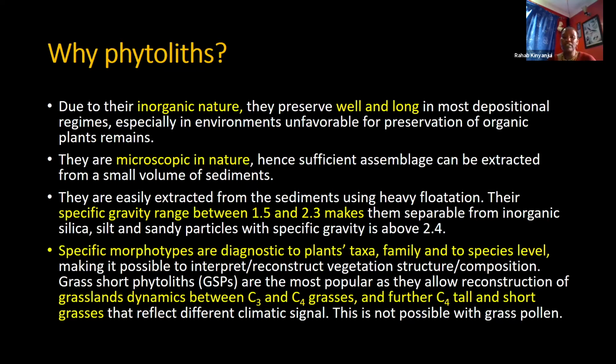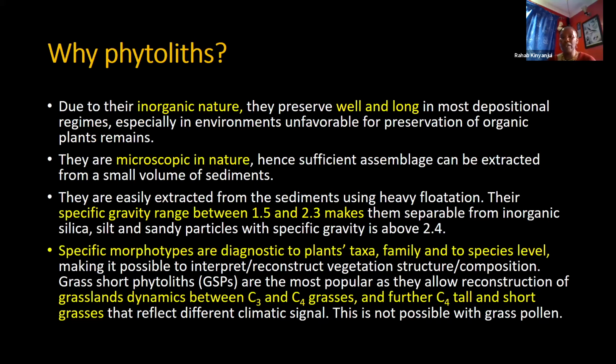So unless you understand whether you are dealing with tall grasses or short grasses in the arid regions, it's very difficult to tell what kind of environment you are talking about or how it has evolved over time. So phytoliths have given us the opportunity to tell apart the kind of grasslands we are talking about, and even further, to tell us about the altitude and the climate in terms of temperature.